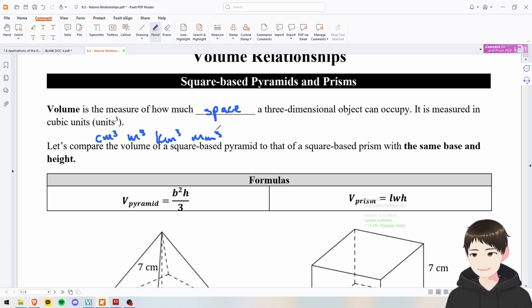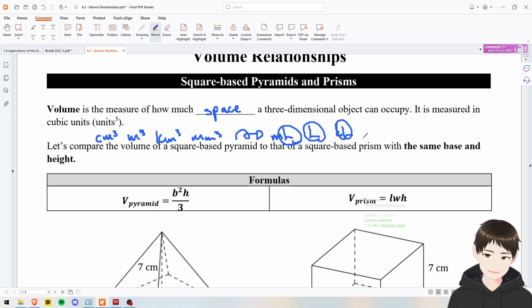And as a fun fact, cubic units can also be directly translated to milliliters. If you have milliliters, liters, kiloliters, all that stuff, a measure of water or liquid, we call that volume. And so milliliters doesn't need a cube because it's automatically assumed you're dealing with a 3D shape. Fun fact, okay? You'll never see milliliters cubed, ever.